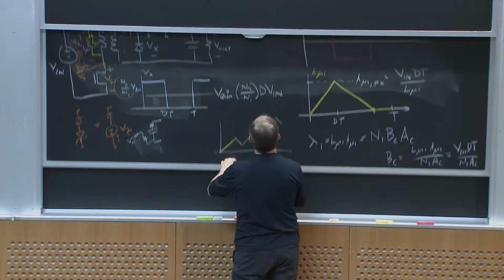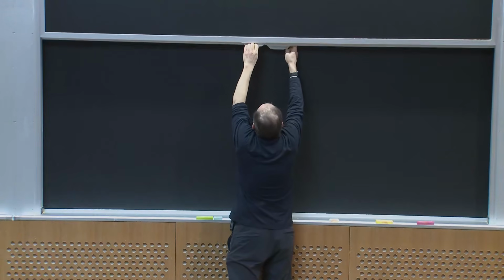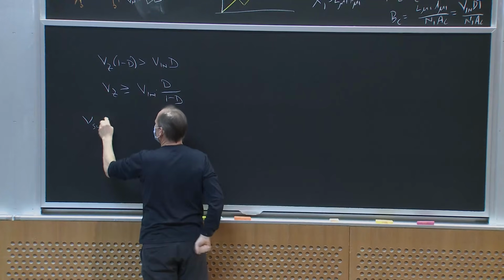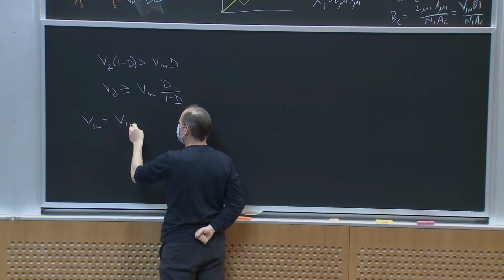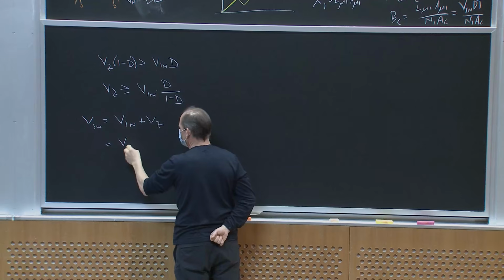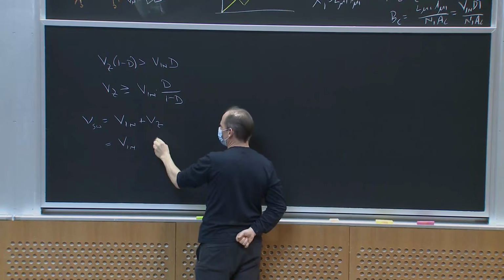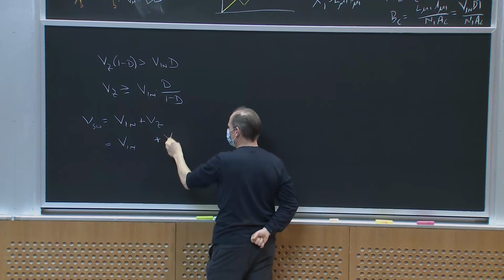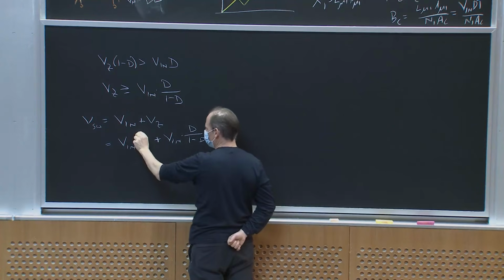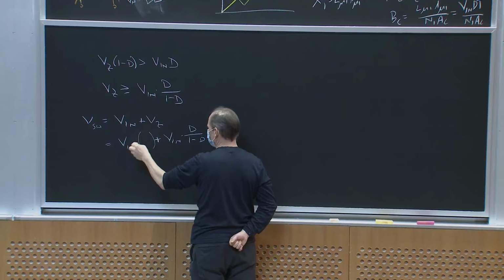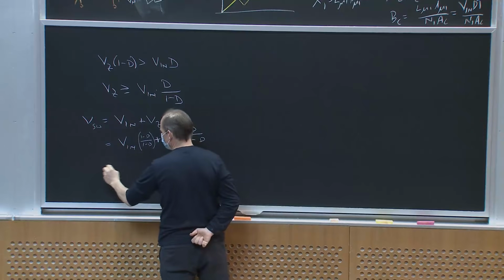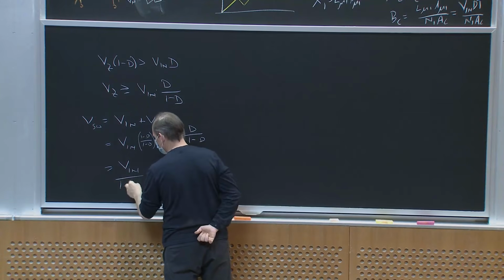So the peak switch voltage is Vin plus Vz, and if I use the minimum value, Vin plus Vin times d over 1 minus d. I could rewrite this as Vin times 1 minus d over 1 minus d plus that term, which gives Vin over 1 minus d.